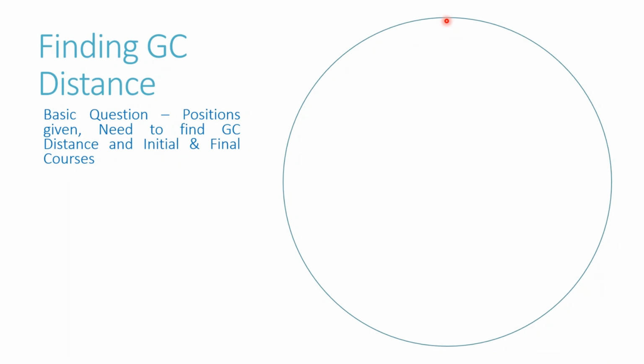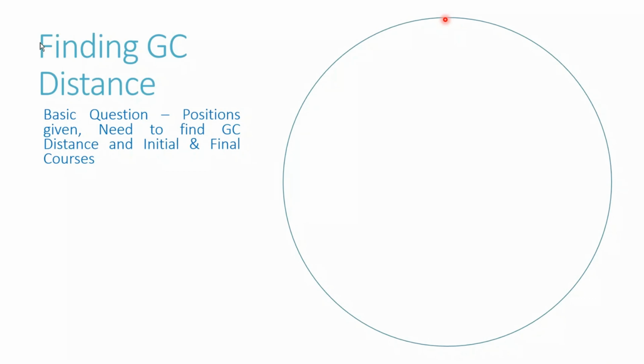This sphere represents the Earth. Later on, when we are familiar with the method, we do not need to draw the full Earth diagram. We can draw a small part which involves our initial and final position only. But for understanding, let's have the full Earth being shown.